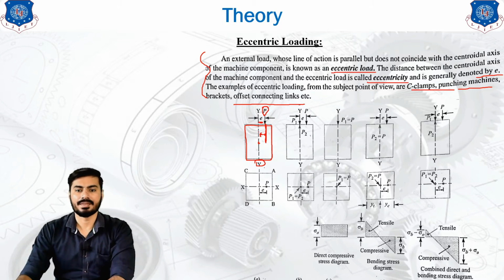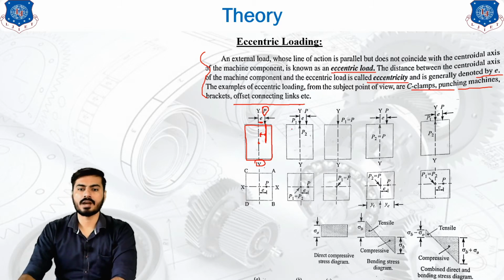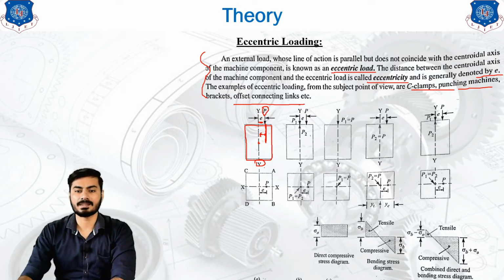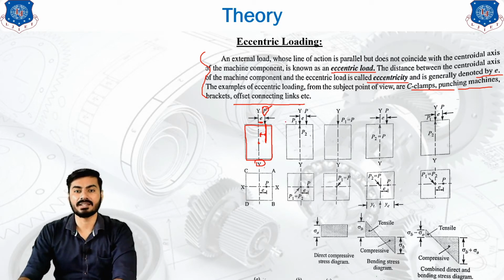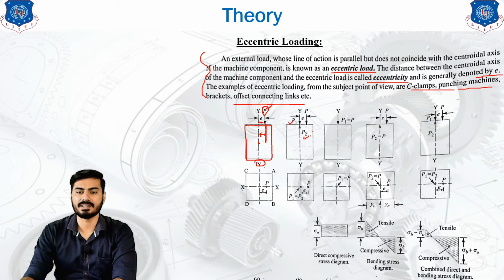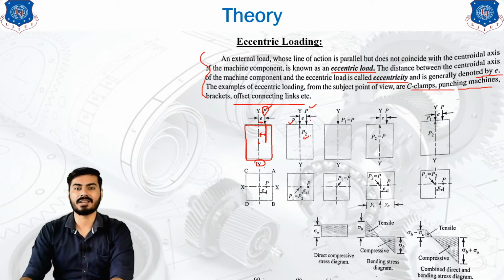Now we are going to consider two different forces. Let's say this is the force P, and we are considering two more forces with magnitudes P1 equals P and P2 equals P. So the magnitude of all three forces represented in the second diagram is the same.